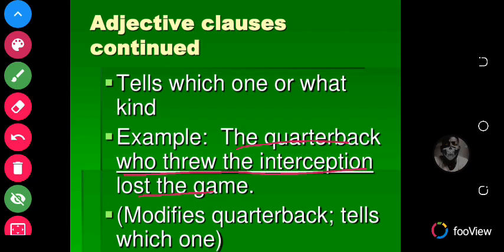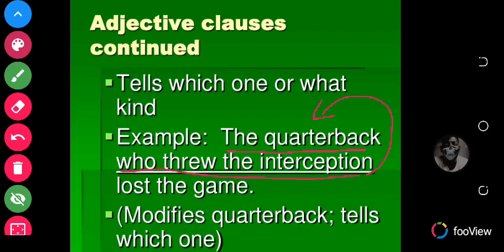An adjective usually gives us more information about the noun. And what's the noun? The quarterback. So this adjectival clause is telling us more information about the quarterback. Why? Because it's telling us which one.